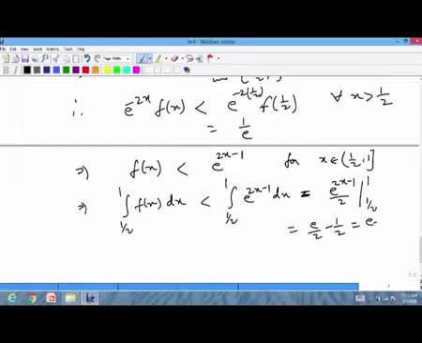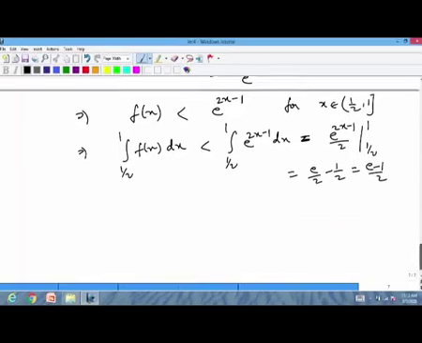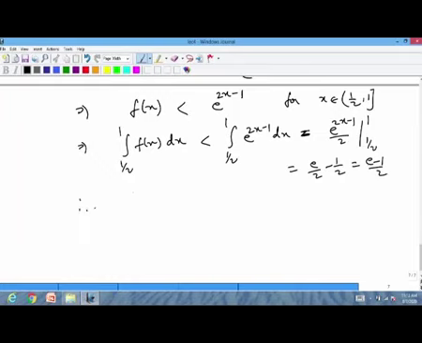So, this is e minus 1 by 2. So, therefore, this integral half to 1 f x dx is strictly less than e minus 1 by 2.